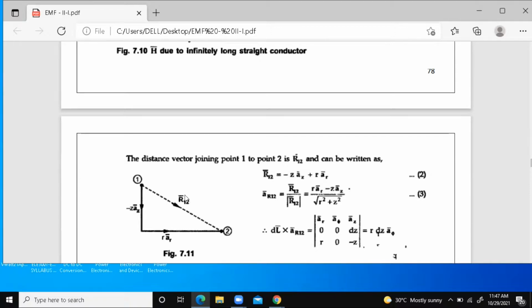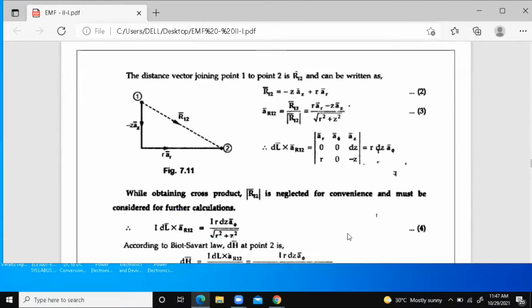You get R12? Yes, sir. That part is straightforward. So your unit vector is this as before, and dL cross aR. You should be familiar with that from your matrices.